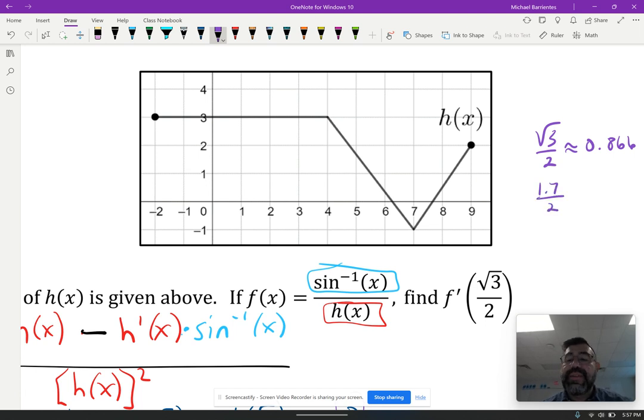So it's one of those decimals that if you remember it, it makes life a lot easier. So when x equals 0.866, somewhere here is square root of 3 over 2. My y is 3. Oh, well, that's easy.